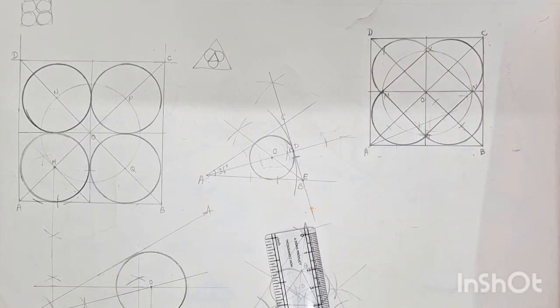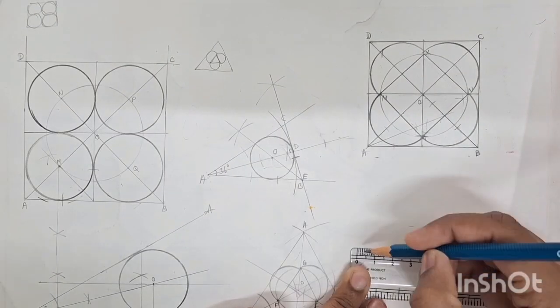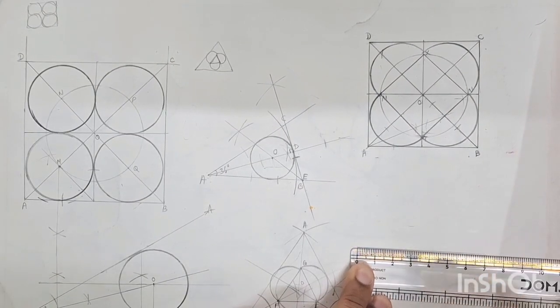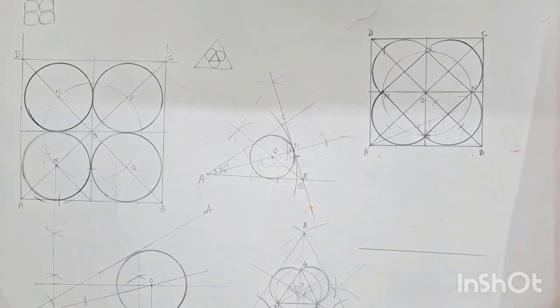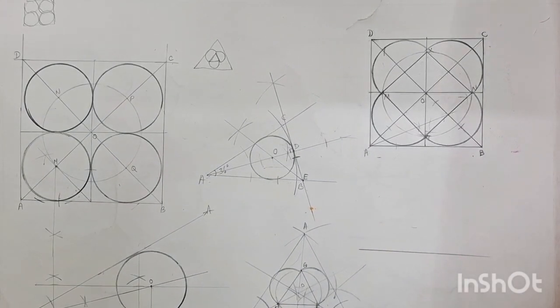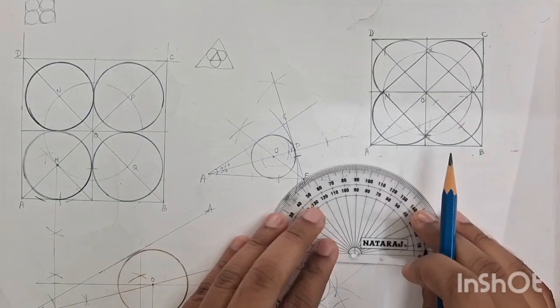Next question. Inscribe a semicircle in a sector with an angle of 35 degrees and radius 5 cm. They have said the angle that the sector forms is 35 degrees. So with the help of a protractor, I will make an angle of 35 degrees.